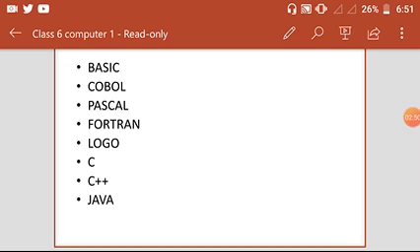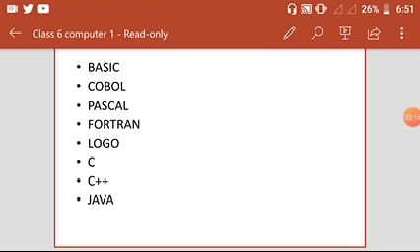Next we have the C language. C is a programming language used often to design system software. It was developed in 1972 by Dennis Ritchie at AT&T Bell Telephone Laboratories. Next we have C++, the upgraded version of the C language.